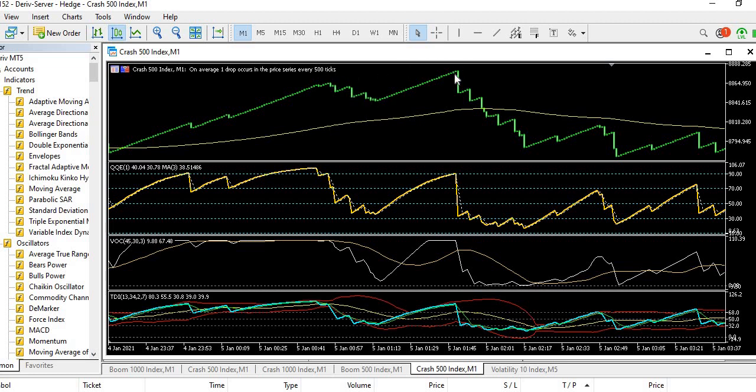If I'd missed this first spike, probably because I was not very far from 200, I would have known that the second and the third are probably coming, just because of that divergence.